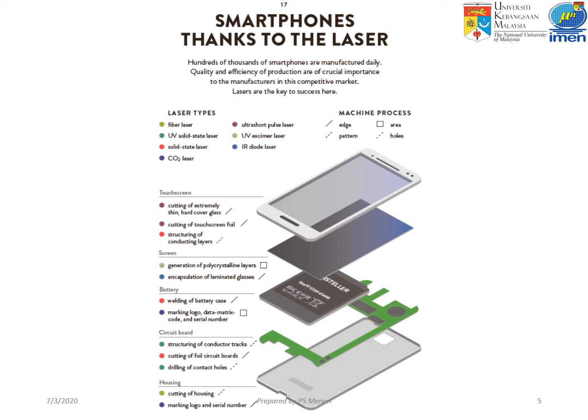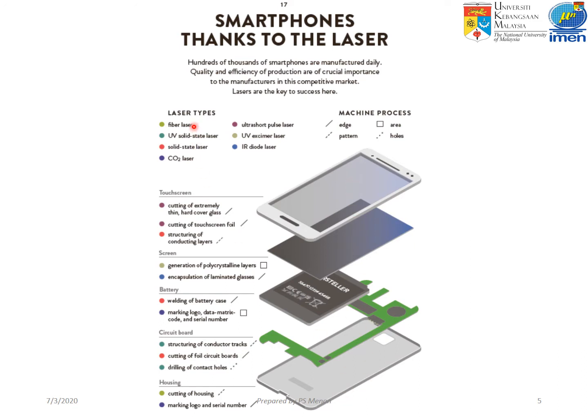Smartphones, thanks to the laser. Hundreds of thousands of smartphones are manufactured daily, and the quality and efficiency of production are of crucial importance to the manufacturers in this competitive market. So lasers are the key to success here. As you can see here, many different laser types are used to manufacture a smartphone.